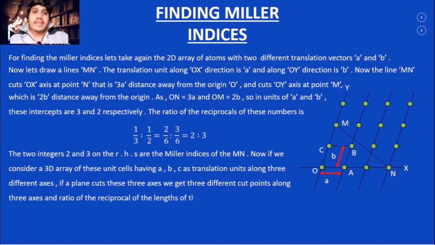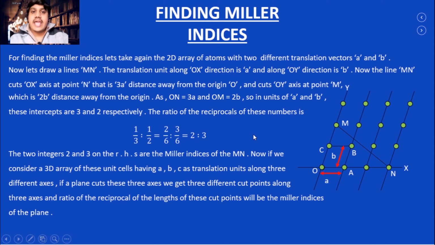So the line MN cuts the x-axis at a distance of 3A. Again, the line MN cuts the y-axis at point M, which is a distance of 2B from the origin, as OC is the translation vector along the y-axis, it's B, and again CM is B. So the distance at which MN cuts the y-axis is 2B.